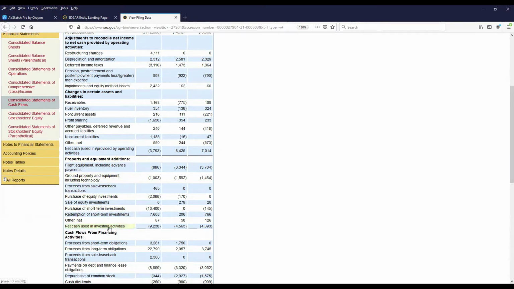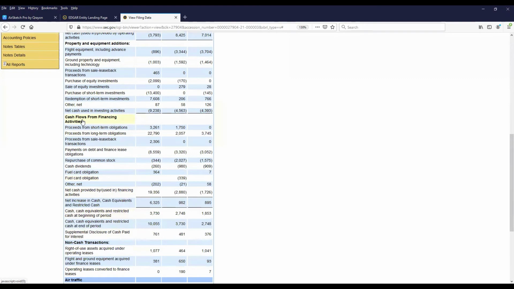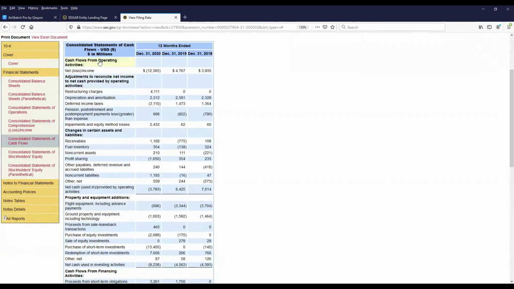You can see that, right? And the last part is cash flow from financing activities. Okay, then cash flow from operating activities is there, this section shows Delta's cash inflows and outflows from its own normal business transactions.